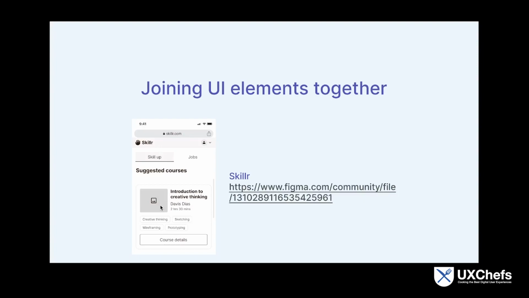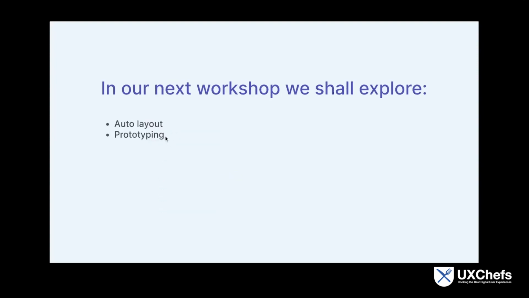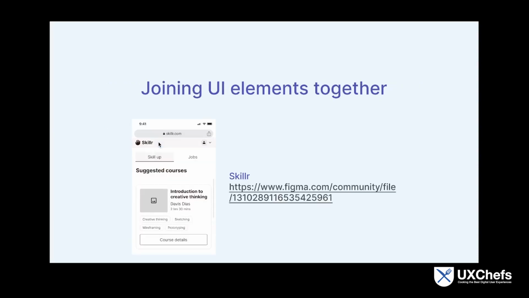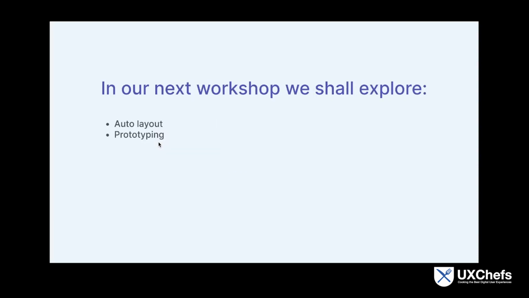So I'll be improving it so that you can always visit this file and improve as a designer. Make sure that you attend our next workshops so I can take you through how to join these elements, add auto layout, and then prototype them so that you can interact with your specific elements. And then we shall have other tutorials with an in-depth explanation of all these concepts so that we can move on.